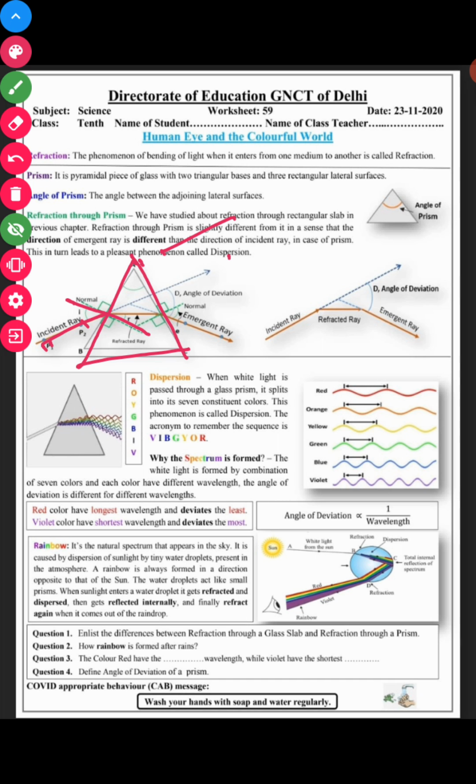Then we just see these two pins through this prism and put two pins as shown through the prism. This is the refraction of these two pins. This is the image of these two pins, you can say, and we put two other pins. Then we will join these rays.